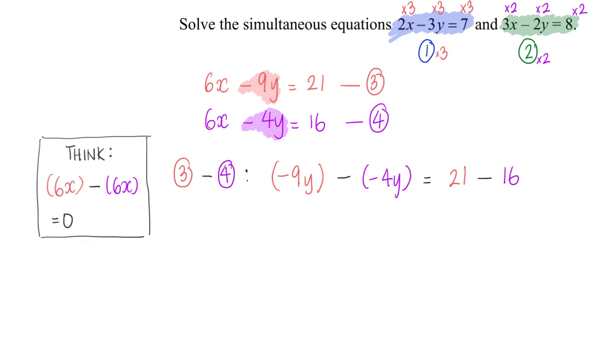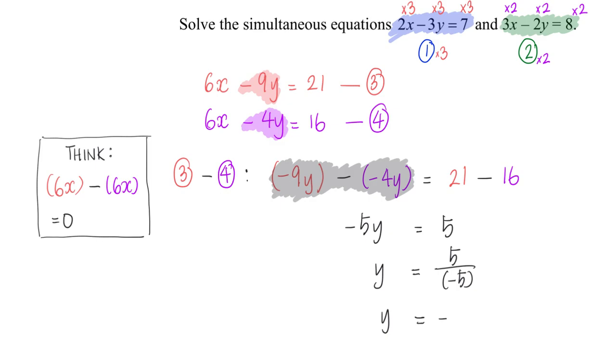And after which, negative 9y minusing my negative 4y. This one will actually give me a value of negative 5y. On the other side, this will give me 5, and therefore y is equals to 5 divided by negative 5. I've gotten y equals to negative 1.